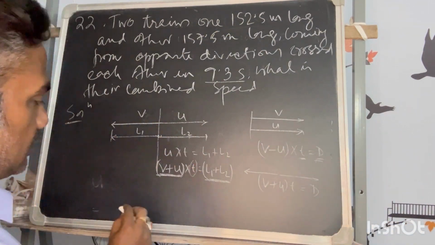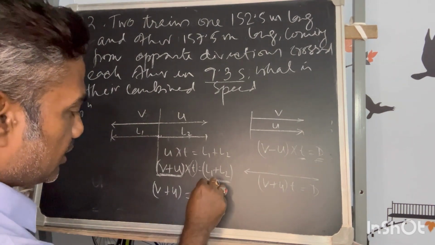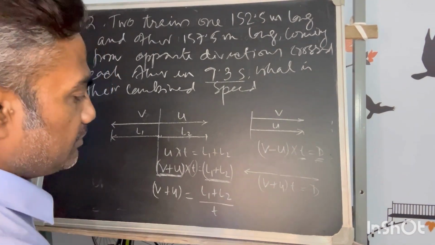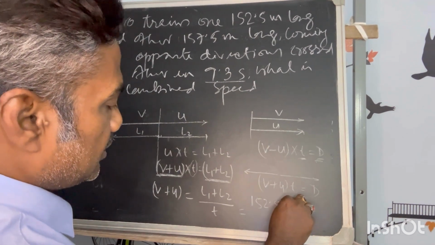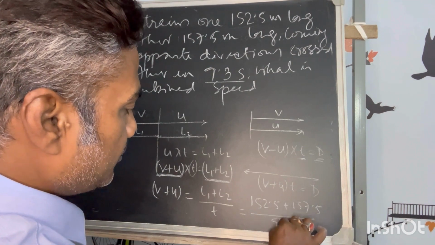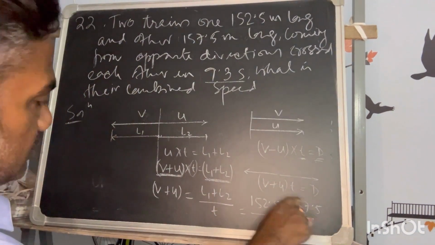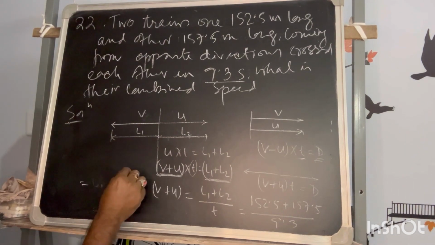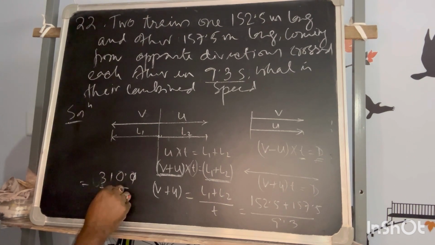Okay, so the cumulative velocity for this case can be found by dividing the sum of the train lengths by the time given. So this is equal to 152.5 plus 157.5 upon 9.3, in meter per second. So what is that? 310 by 9.3, which is 3100 by 93.